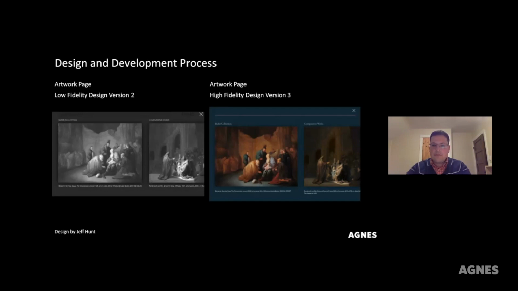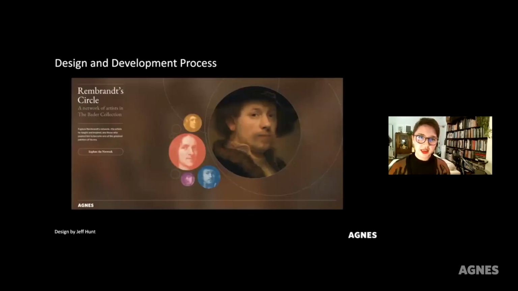Is it going? Yes, and then here we also included the cover image of the interactive itself. Again, we went through a couple of different iterations of this too. One of the design points that we wanted to bring here was that circular networked bit.